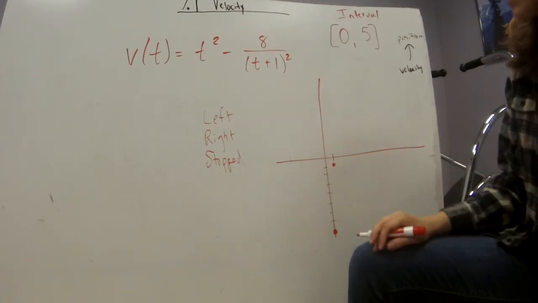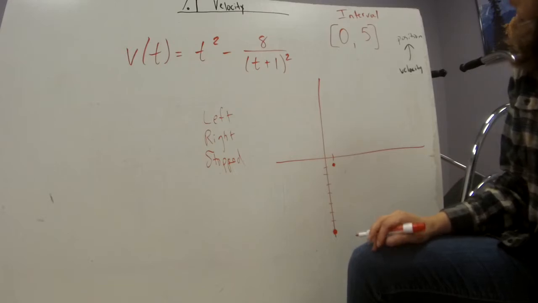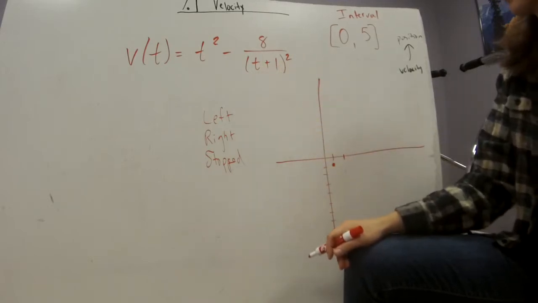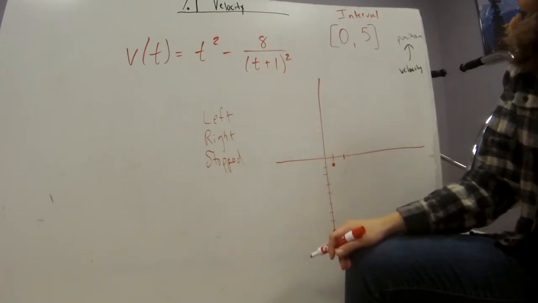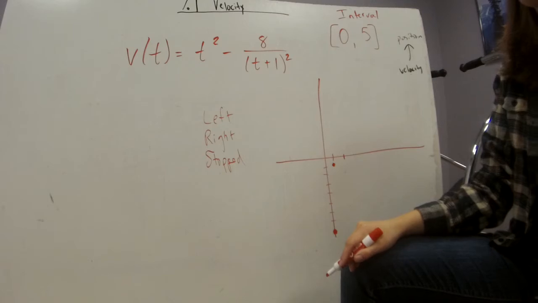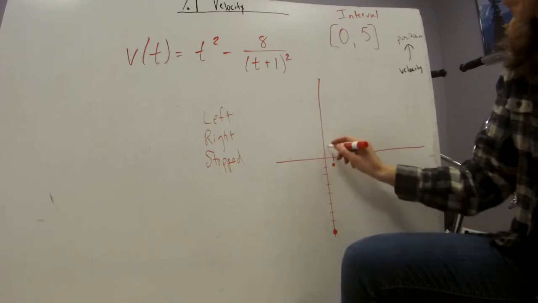So this thing looks like it's skyrocketing really fast. If I plug in 2, 2 plus 1 is 3, 3 squared is 9. So this is 4 minus 8 ninths, so 3 and 1 ninth.